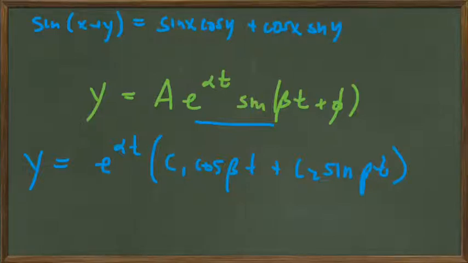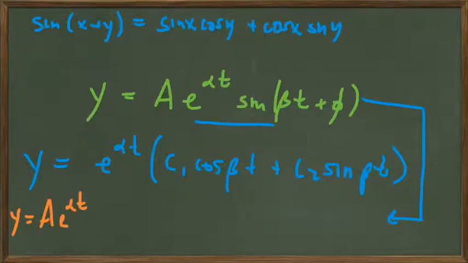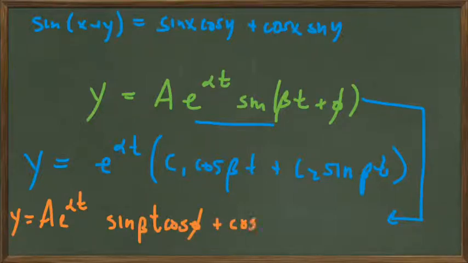If we apply that to this formula, you get y equals a e to the alpha t times (sine of beta t cosine of phi plus cosine of beta t sine of phi).